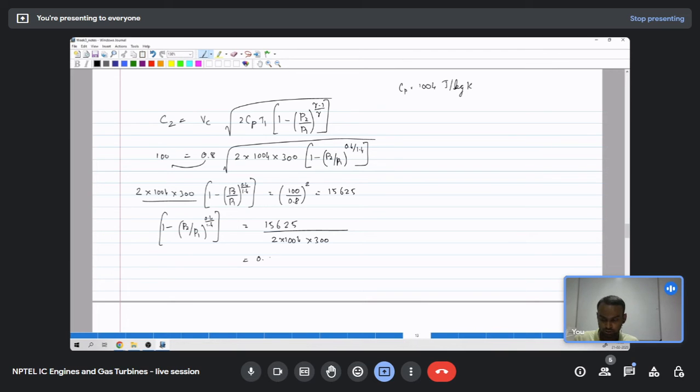This is 0.0259. Now I have P2 by P1 power 0.4 by 1.4 is equal to 1 minus 0.0259. That is 0.974.